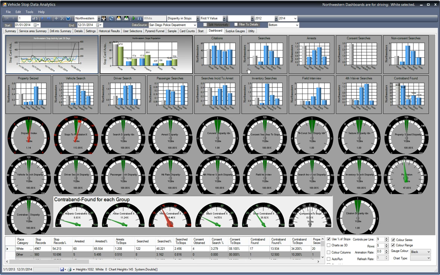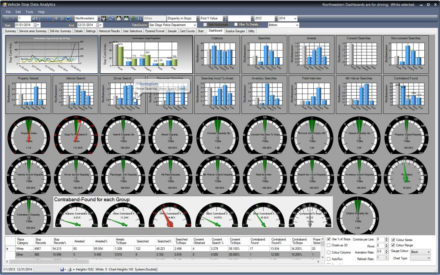Here, whites are generally shown as representing 100% of every data element that's being examined. I already explained why that is. Except when we look at the relationship between the whites being stopped and white population for the area being examined.